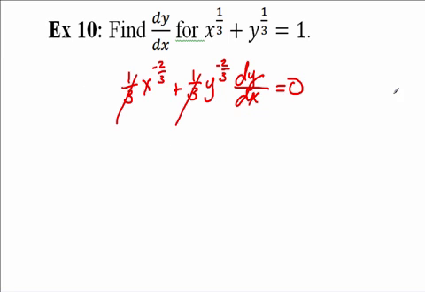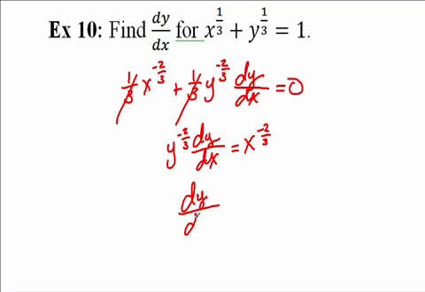All right, I can divide those out very quickly and then subtract the x to the negative 2/3. So that gives me y to the negative 2/3 power dy/dx equals negative x to the negative 2/3. And then, of course, we divide. And we get dy/dx equals negative x to the negative 2/3 over y to the negative 2/3. Not bad. Almost done.